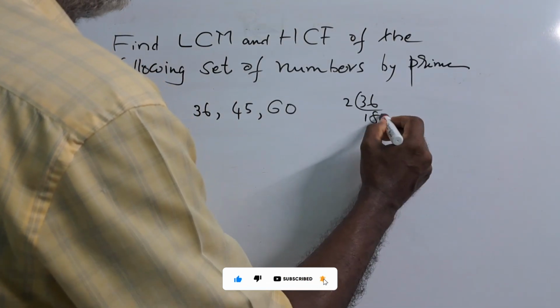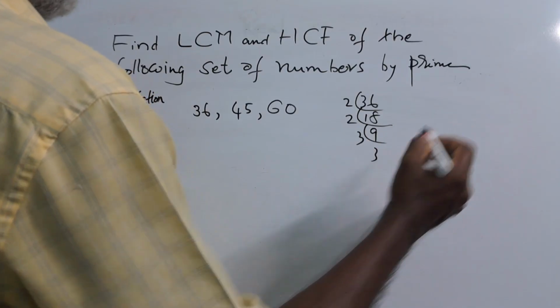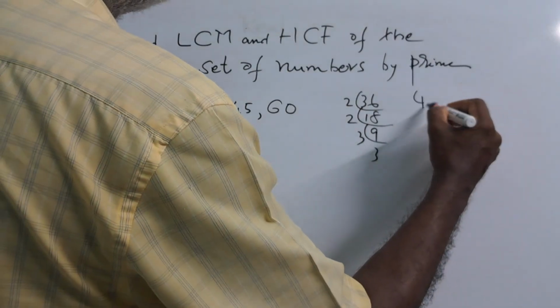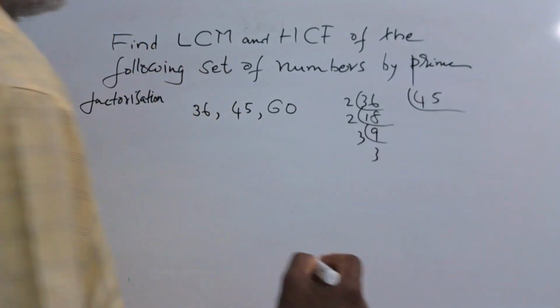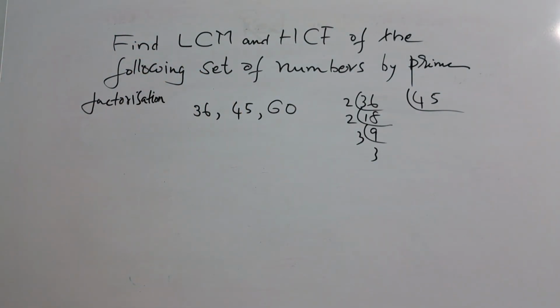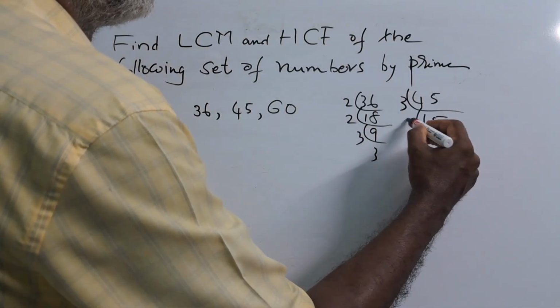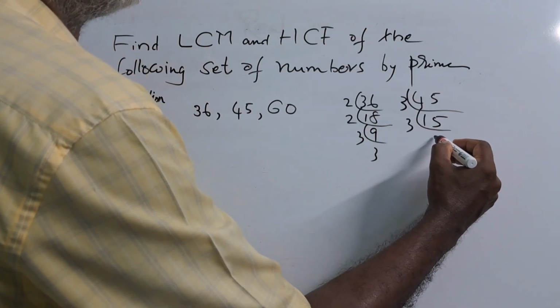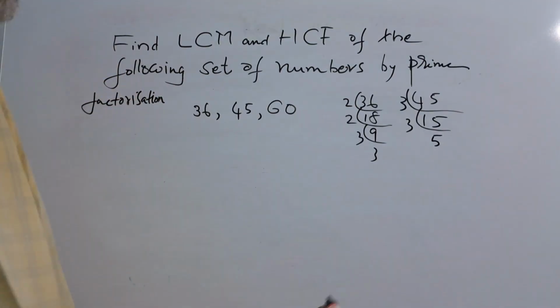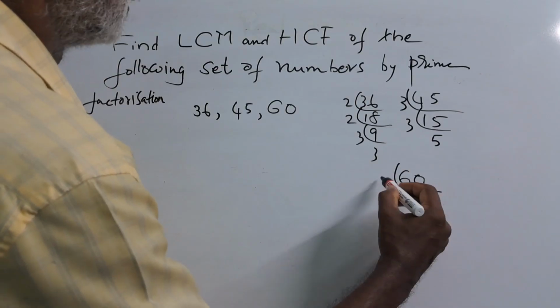By 2 you get 18, again you get 9, 3 and 3. 45 cannot be divided by 2 because it is an odd number. So by 3 you get 15, again by 3 you get 5. Now 60. How to prime factorize 60?